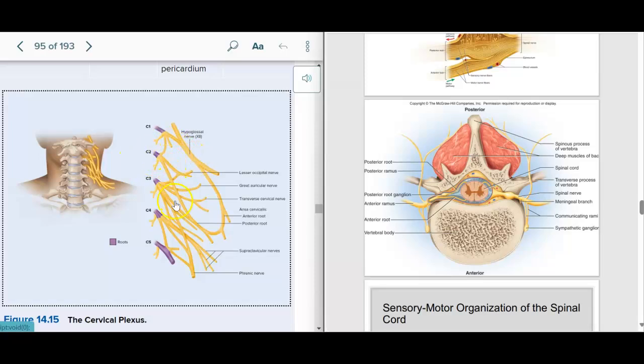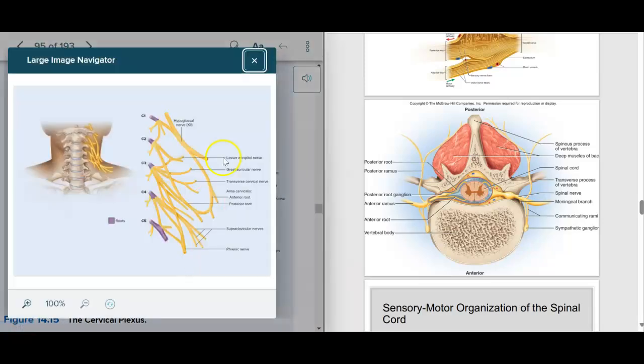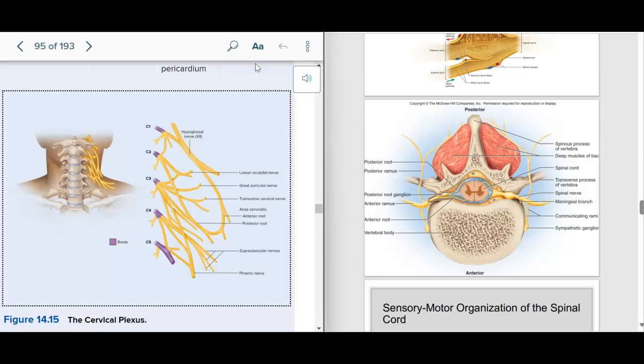They come together, they can converge or diverge, right? And so we have the phrenic nerve, which we can see as part of C5. Here we've got part of C3, part of C4. Okay, so the phrenic nerve is a collection of nerves.